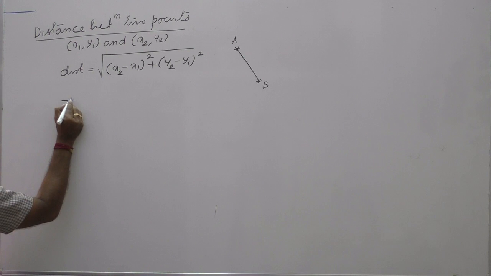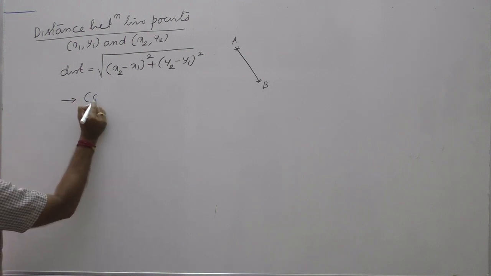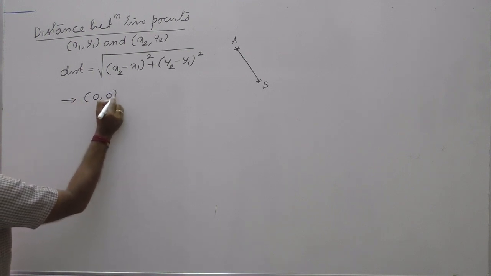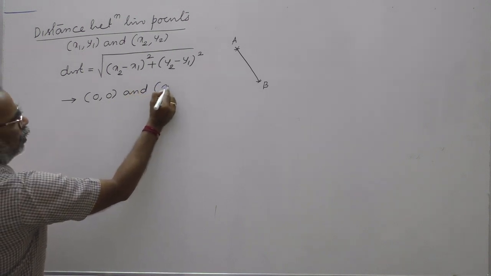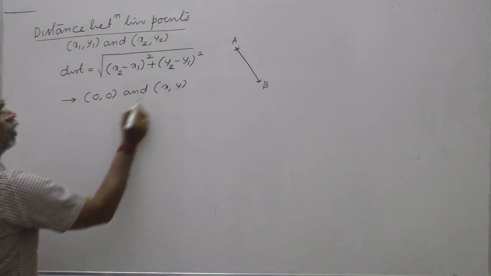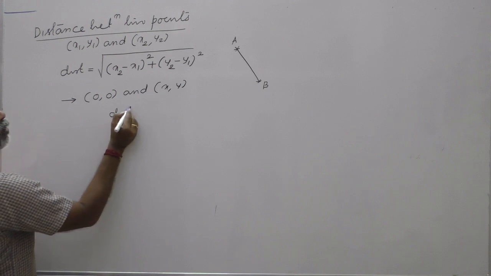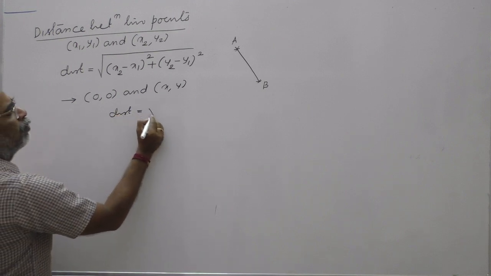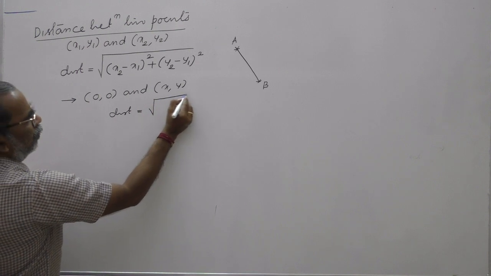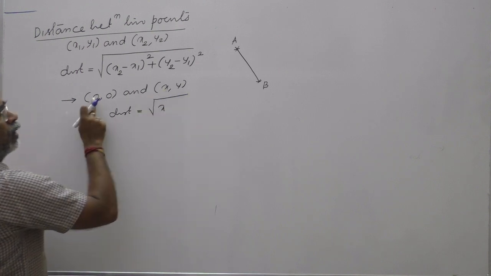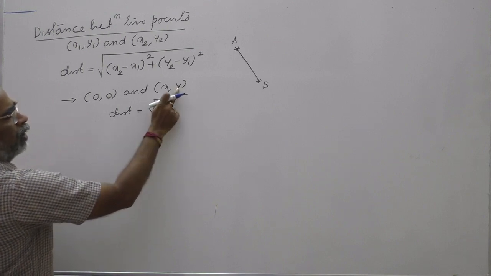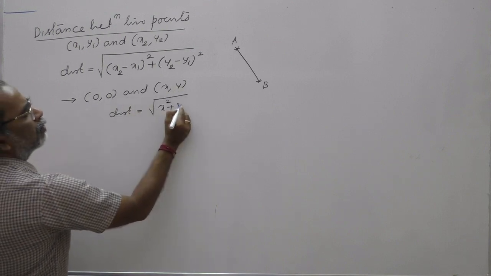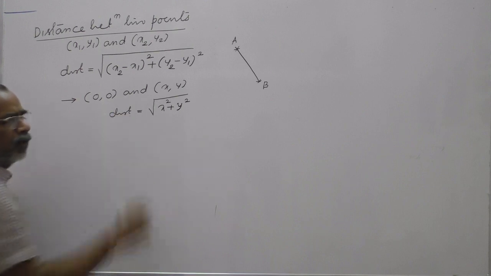Now we will find the distance between origin and a point. If one point is origin, then the distance will be very simple using the same above formula. Root over (x2 minus x1) whole square means x square, and (y2 minus y1) whole square is y square.